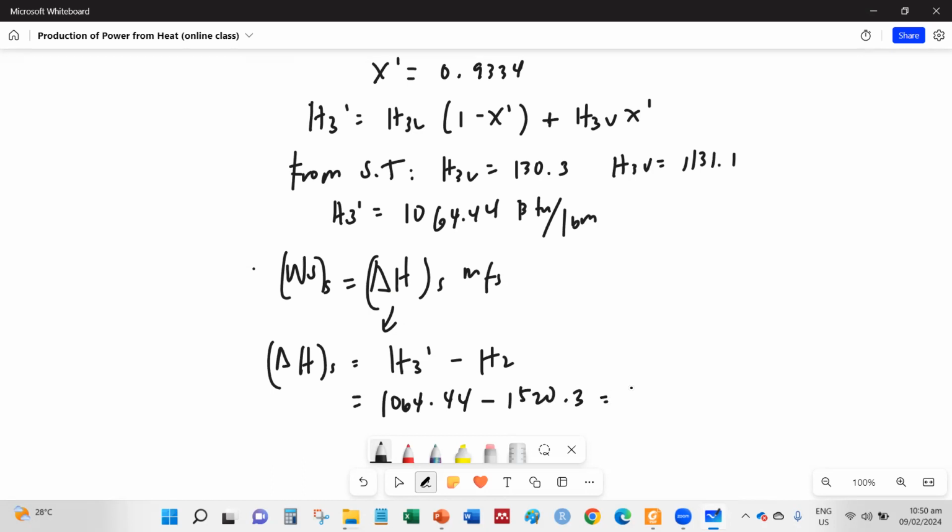So delta HS is negative 455.8599. So the negative sign means the work is done by the system.